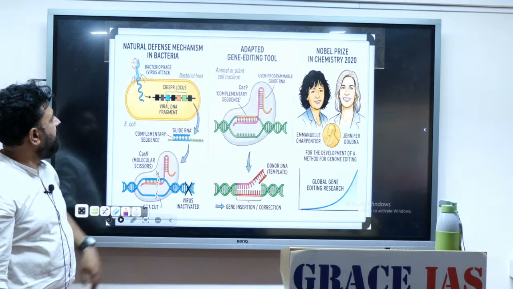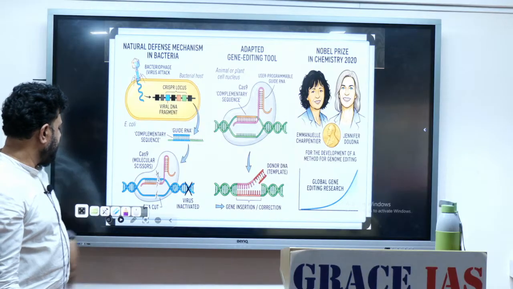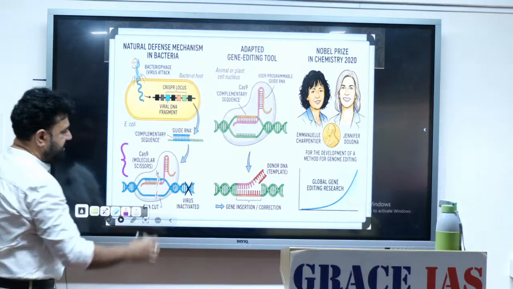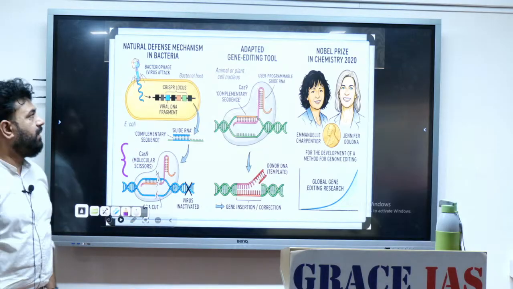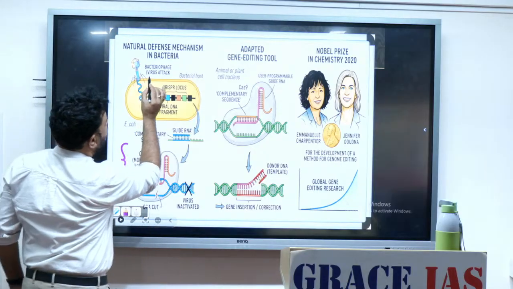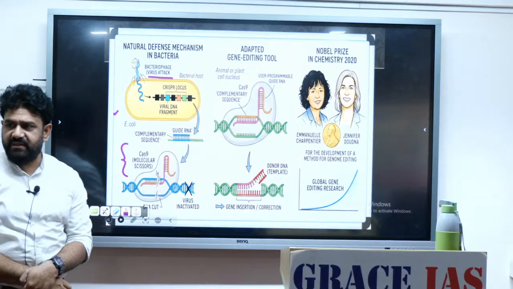Next is the CRISPR concept here, CRISPR-Cas9. It is also called molecular scissors or gene scissors. So what is the CRISPR concept? Whenever a virus attacks a bacterium, please understand this, it is a very important concept as we discussed earlier.